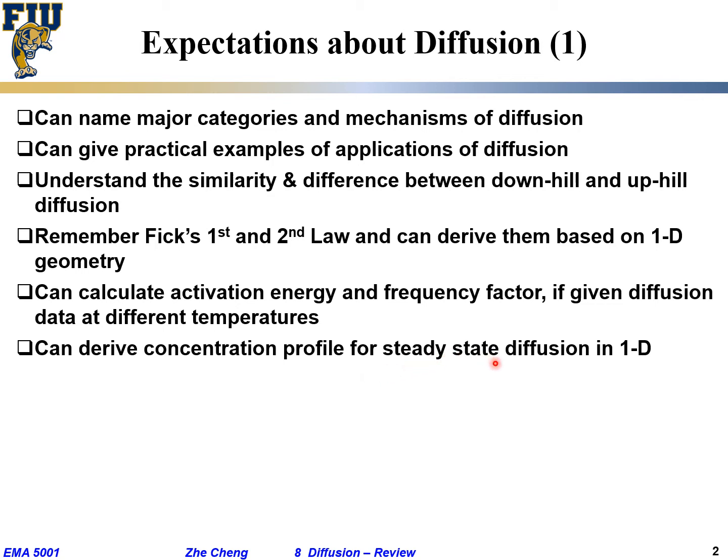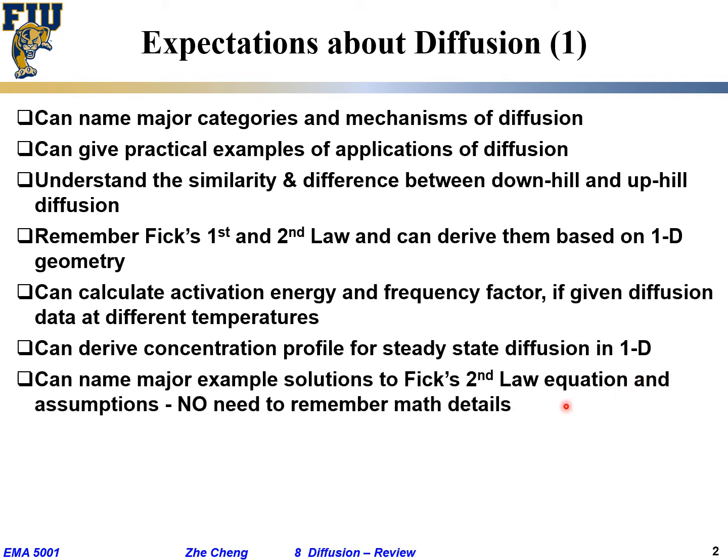Well, steady state means the diffusion flux is a constant, and under that situation, if the diffusion coefficient is a constant, then we should have a simple linear relationship between the concentration and the distance or location. Okay?